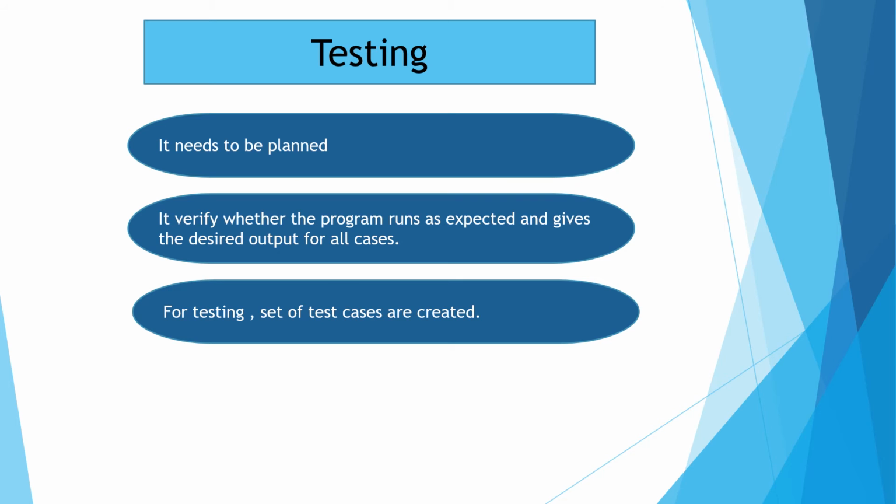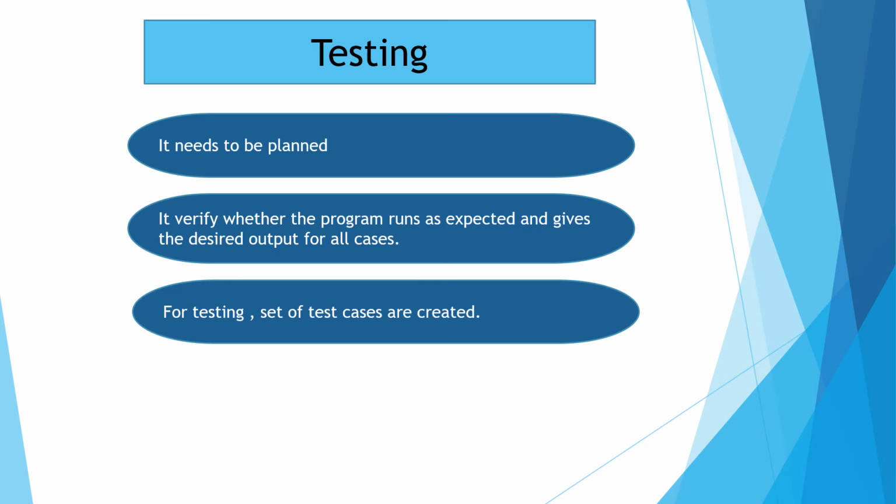Now, test cases are nothing but a set of conditions or variables under which the tester determines whether the system or a piece of code satisfies the requirements or works correctly.